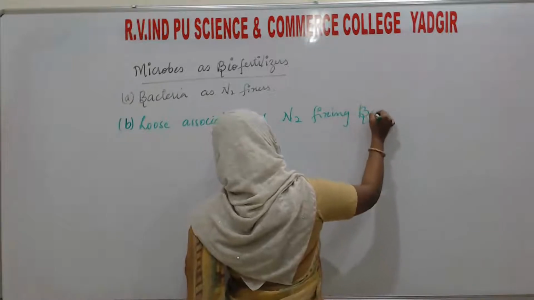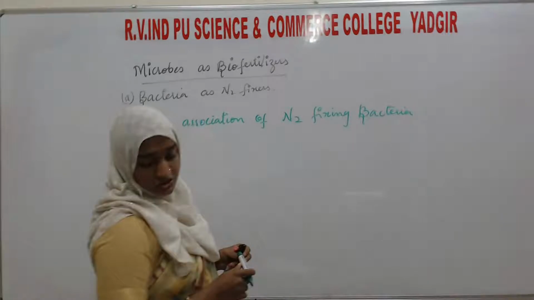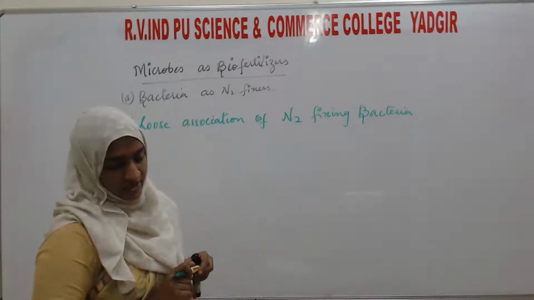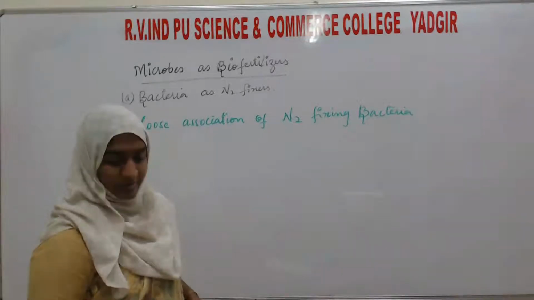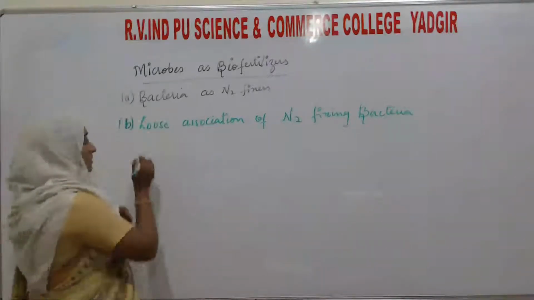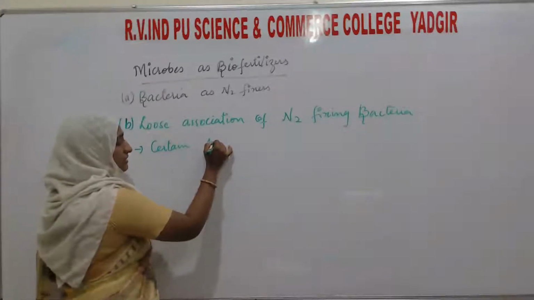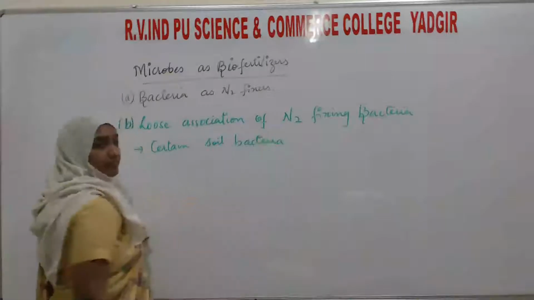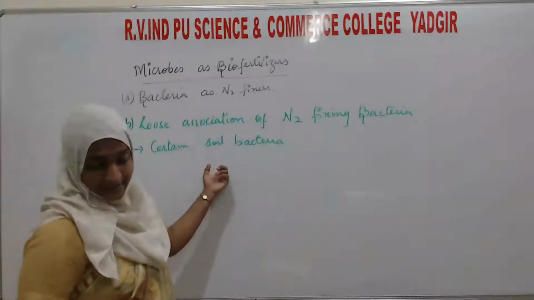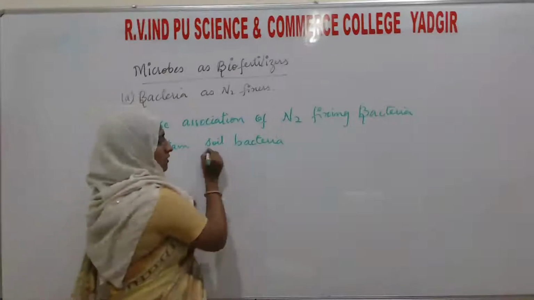Why this loose association of nitrogen fixing bacteria? See here, certain soil bacteria, or the bacteria which are present in the soil, they will live in close contact with what?